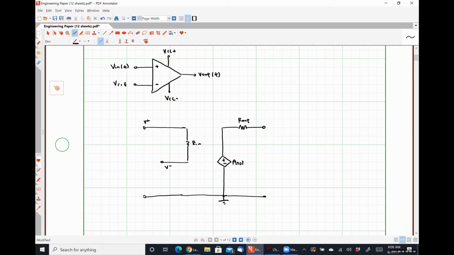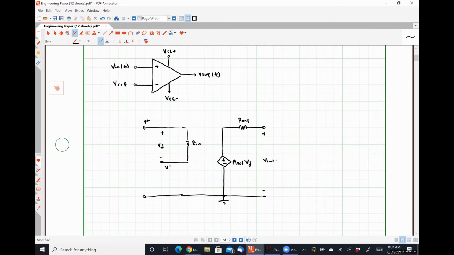Our dependent source is providing a gain of our open loop gain, AVOL, multiplied by our differential voltage VD, where, again, just to be clear, VD is always the difference between our non-inverting input and our inverting input. So our output signal is the open circuit voltage seen between the output terminal and ground.